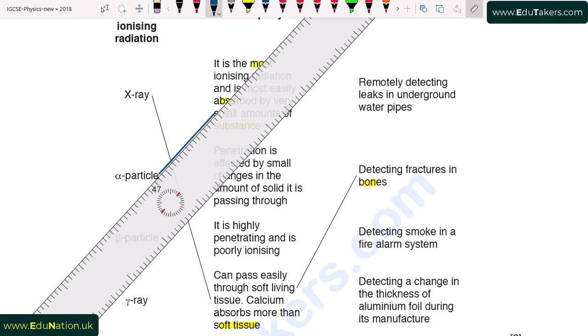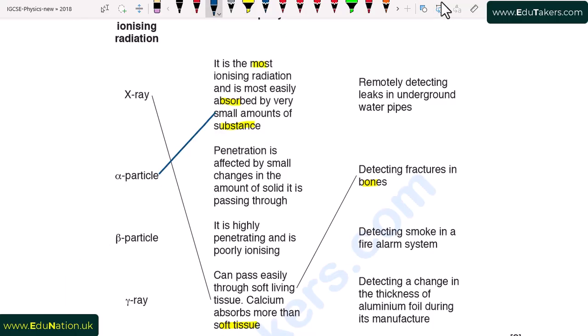Second point is penetration is affected by small change in the amount of solid it is passing through. So here penetration is affected by small change in the amount of solid that it is passing through. So this is basically beta particles.